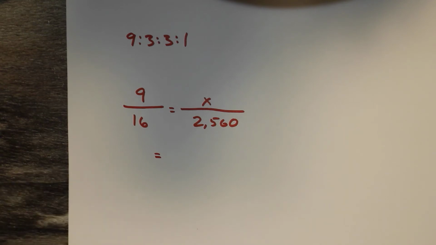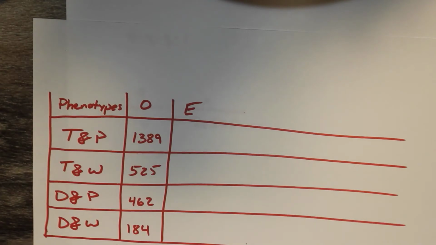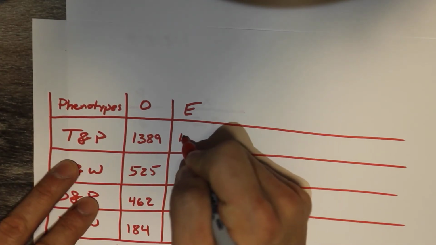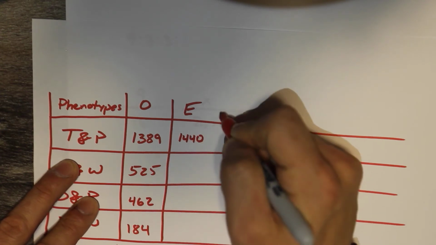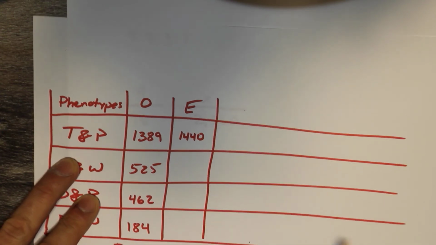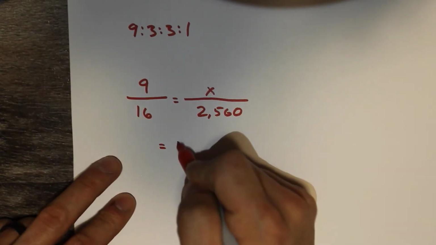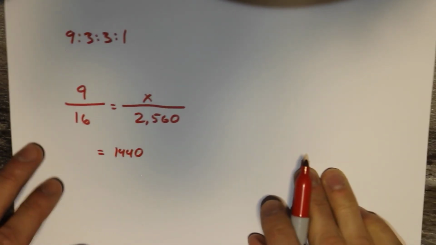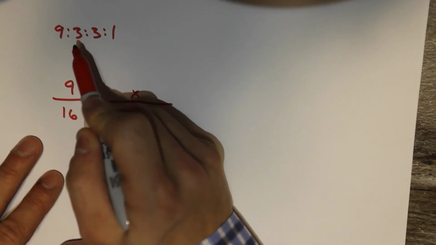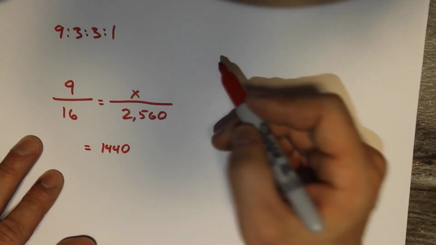All right. So when you do that, we will plug that number that we get right back into our chart, and we should get 1,440 for our dominant. Secondly, let's do our 3. This is a dominant with a recessive.